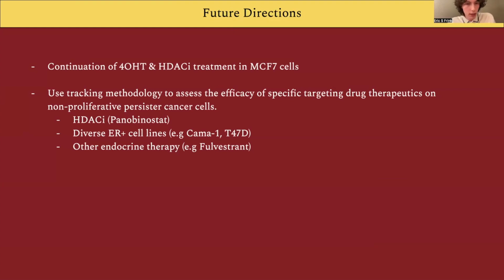And then another future direction of this, more long term, is using this tracking methodology to assess the efficacy of specific targeting drug therapeutics on non-proliferative persister cancer cells, specifically either this HDAC inhibitor, but also on different ER positive cell lines, such as CAMA-1 or T47D, as well as using alternative endocrine therapies such as fulvestrant.